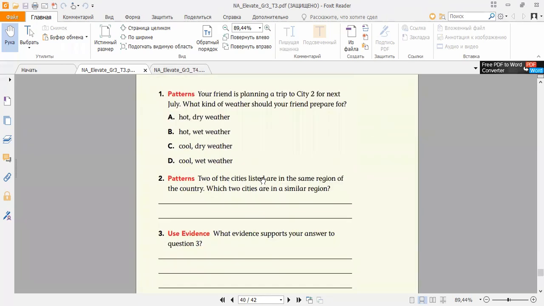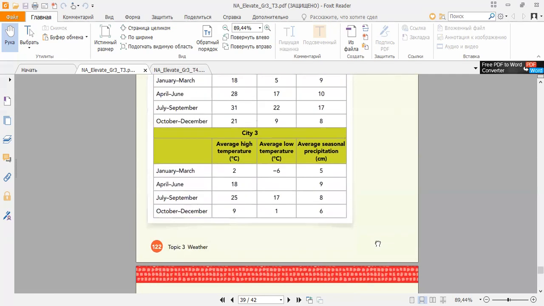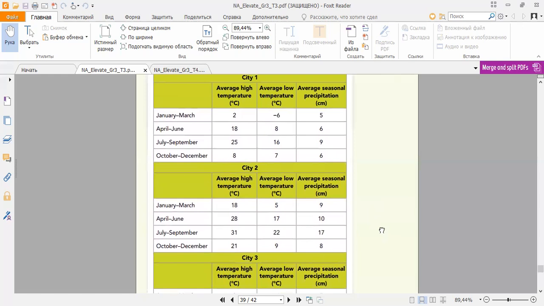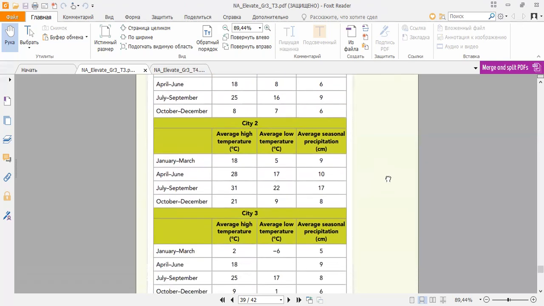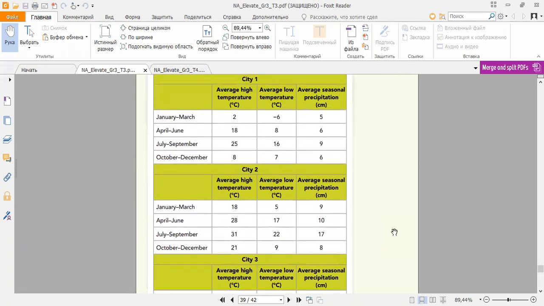Next one, number two: two of the cities listed are in the same region of the country. Which two cities are in similar regions? What do we have to do? We have to compare numbers. Do we have cities which have equal numbers for high temperatures, low temperatures, and precipitation?